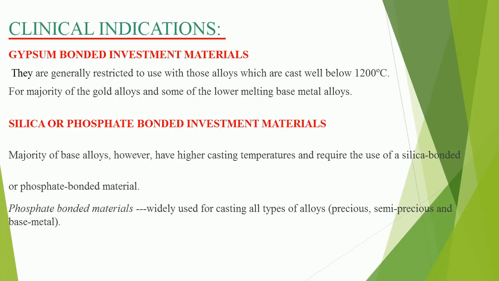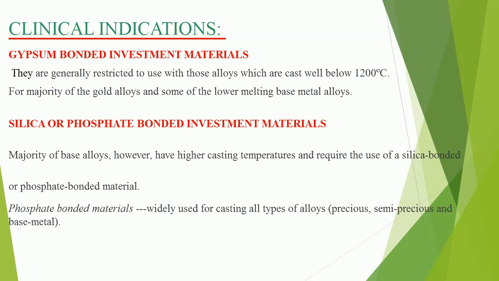Regarding the clinical uses of these investment materials, let's just summarize. Gypsum bonded investment materials are restricted to use with those alloys, especially gold alloys, which are cast well below 1200, and they constitute the majority of the gold alloys and some of the lower melting base metal alloys.